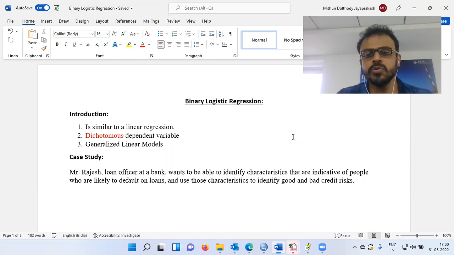And he wants to use those characteristics to identify good and bad credit risks. So this is a typical problem of credit risk analysis. We are interested in identifying the characteristics of those people which are indicative of a person being a bad credit risk. Now, with this background, what I'll do is I will jump to IBM SPSS.